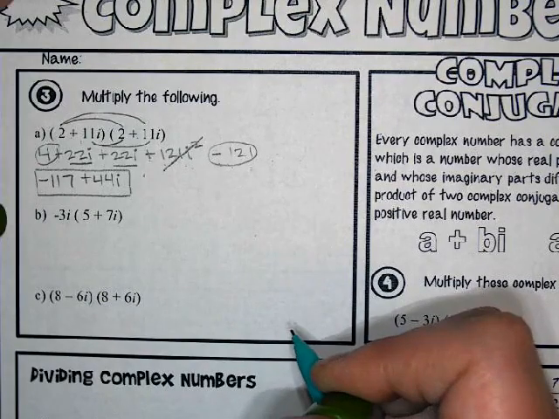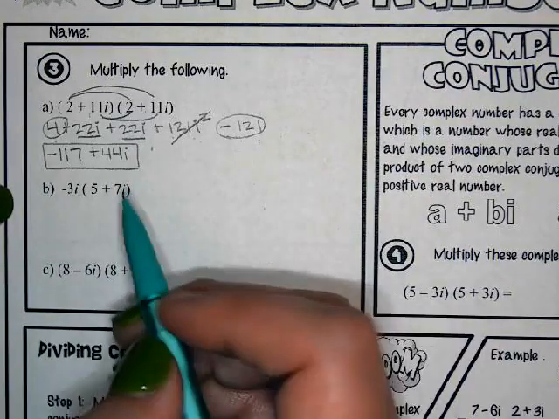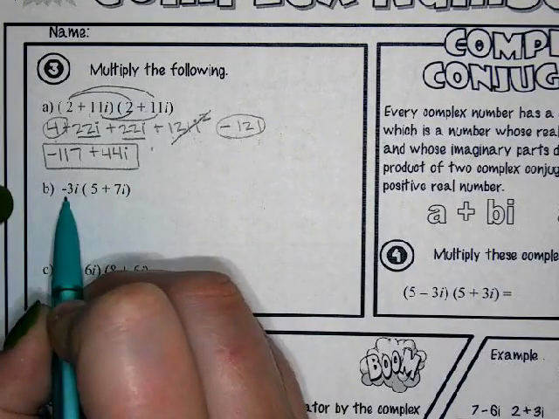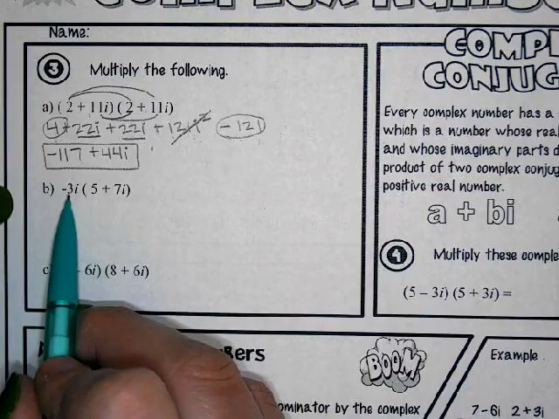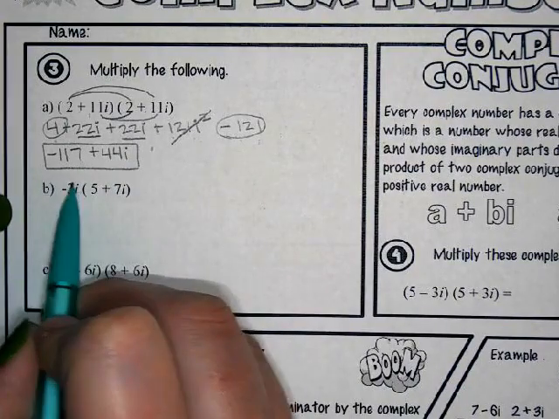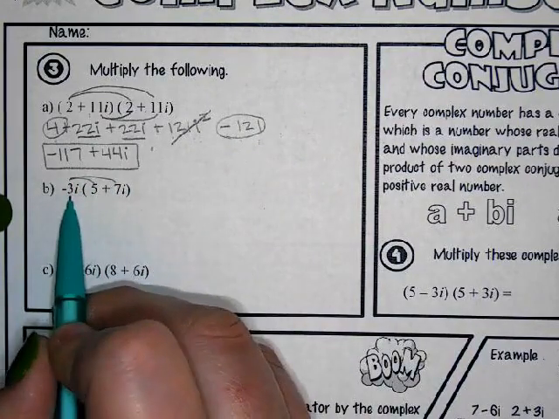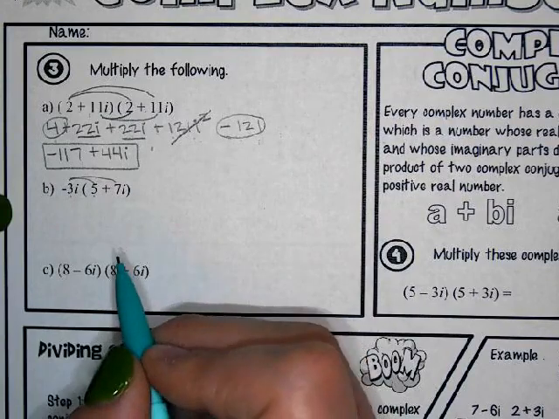Okay, next one. We have an imaginary number multiplied by a complex number, so we're just going to distribute because we only have one set of parentheses. Negative 3i multiplied by 5 is negative 15i.